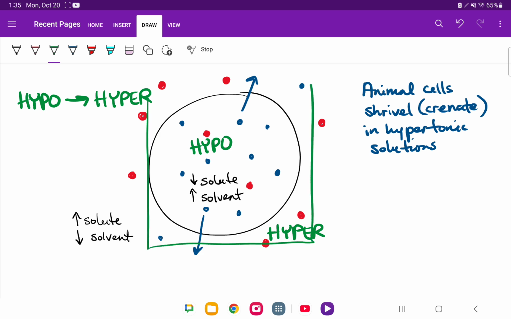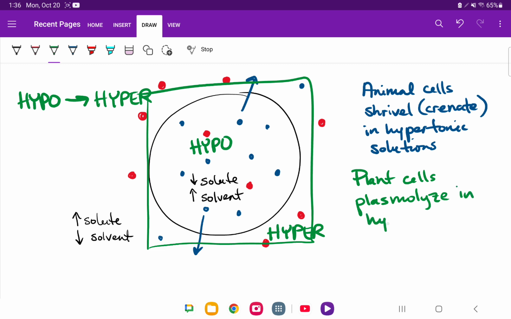Let's throw a cell wall around this and make this a plant cell. Plant cells are still going to lose water in a hypertonic solution, but we have a fancy word for that. It's called plasmolysis. And plant cells, we can say they plasmolyze in hypertonic solutions.